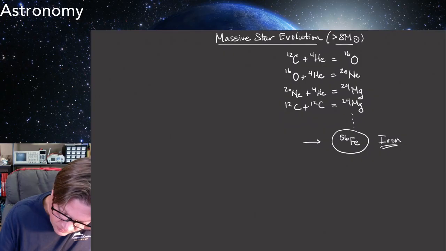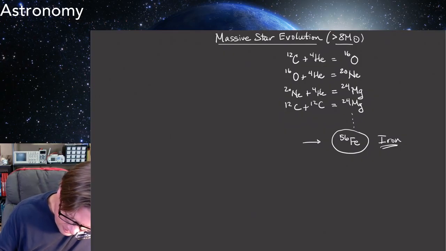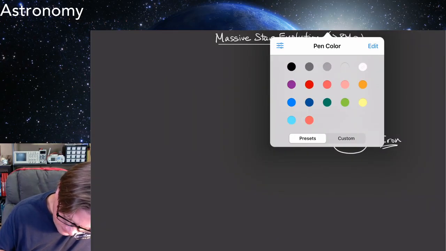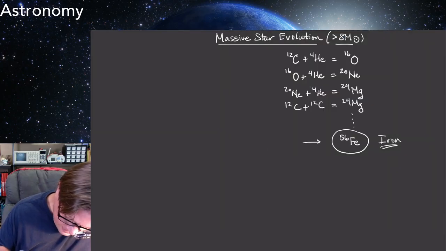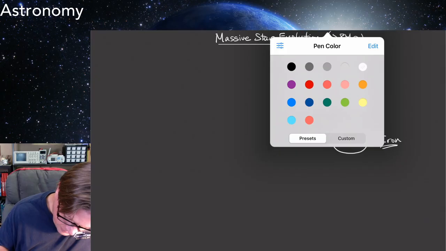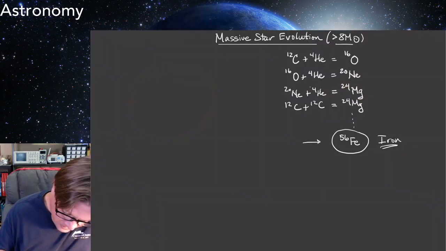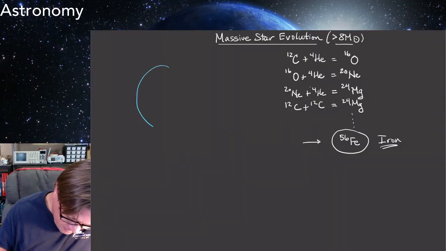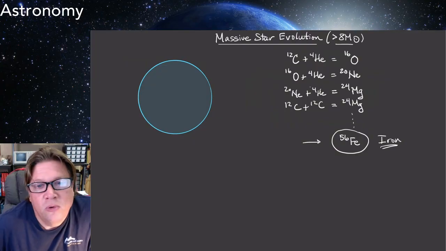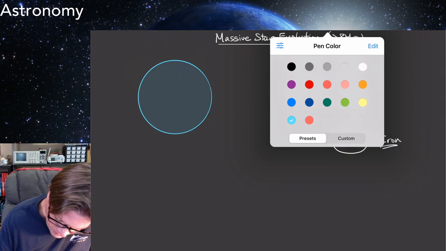But so the structure kind of looks interesting. These are gigantic blue stars, right? Okay, so this is just an idea of what the core looks like. So in the core of the star, you have one layer that's burning one thing.